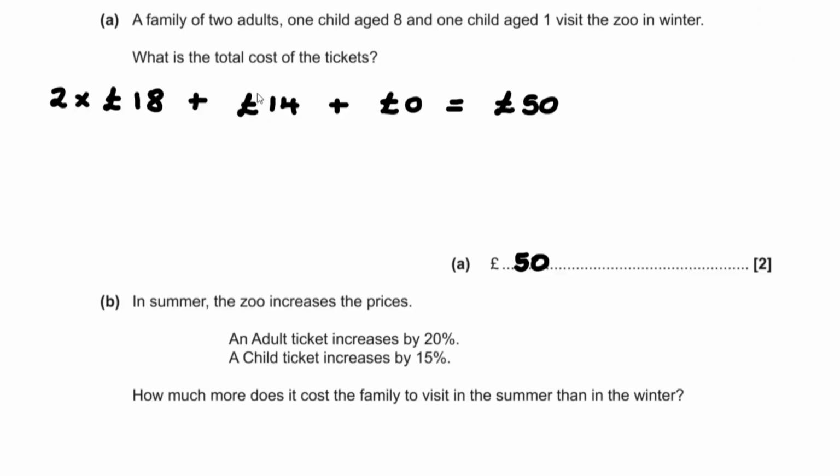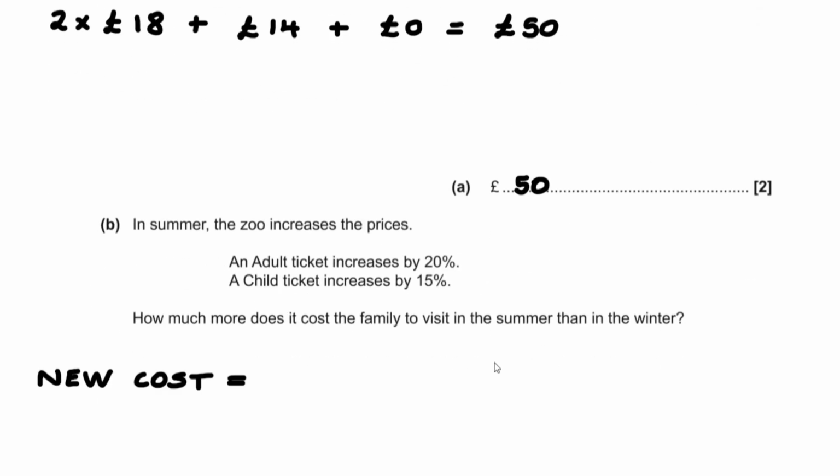So for the new cost, that's equal to, well, I've got 2 times by the new adult prices, so I've got 2 times by £21.60, and then I add on to this the new price of the child who is aged 8, so that is £16.10.